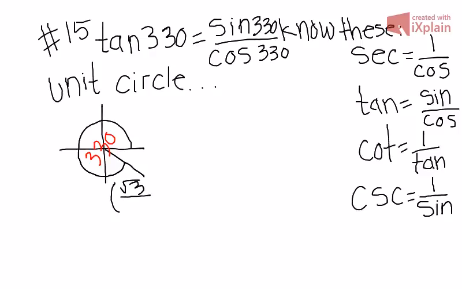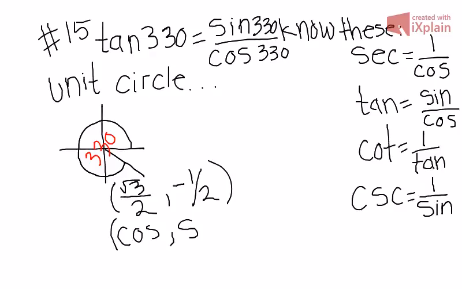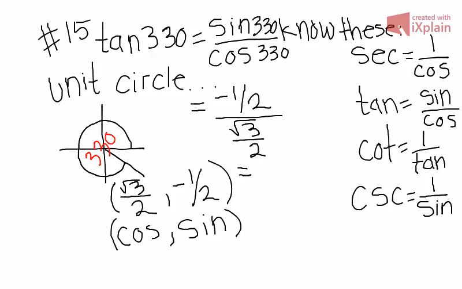So we find that on our unit circle, and we see that the terminal point is radical 3 over 2, negative 1/2. And remember, terminal points go cosine and then sine. So we just figured out that the sine of 330 is negative 1/2, and the cosine of 330 is radical 3 over 2. Okay, so whenever we're dividing fractions, it's the same thing as multiplying by the reciprocal.